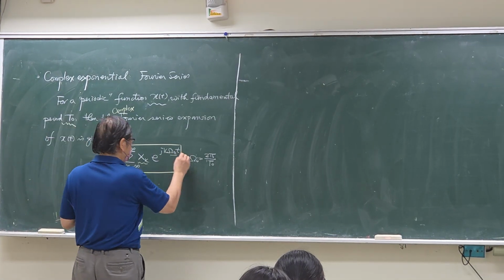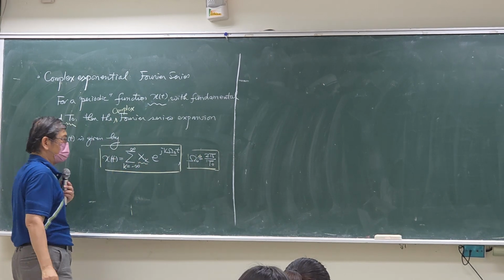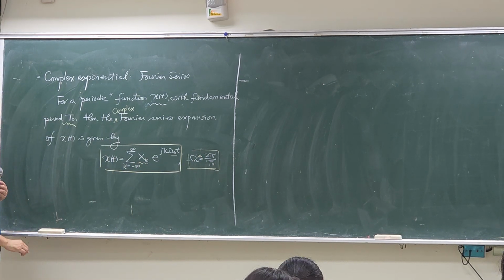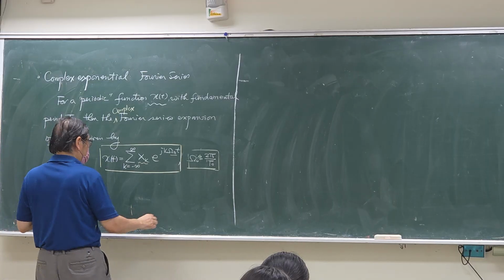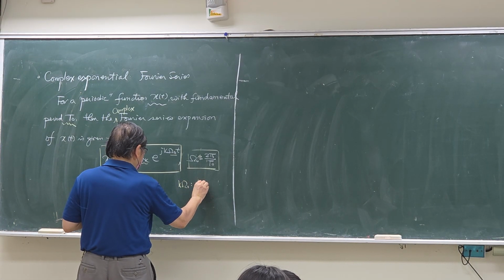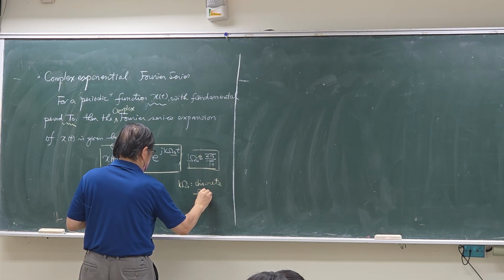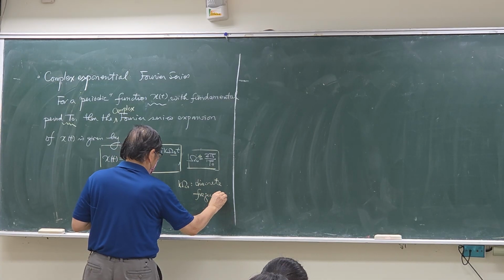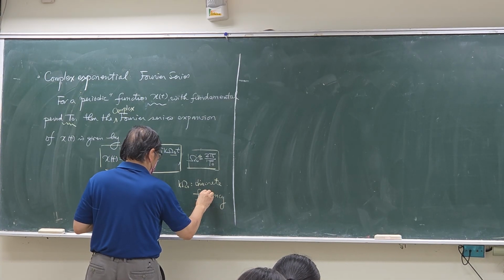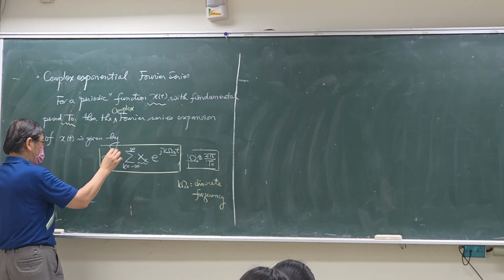Now this omega sub 0 is defined by 2 pi over t sub 0. This k omega sub 0 is called discrete frequency. K is from negative infinity to positive infinity.